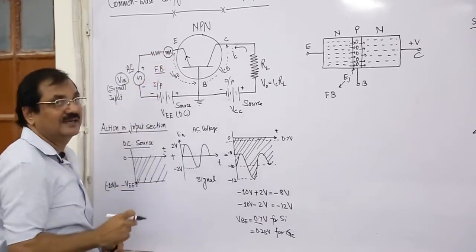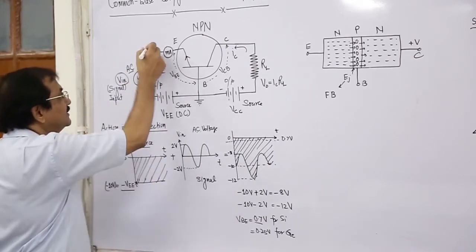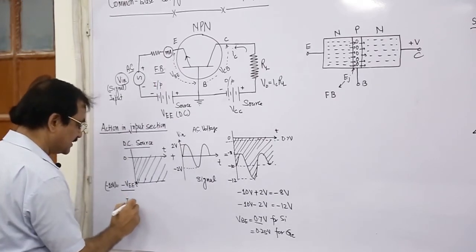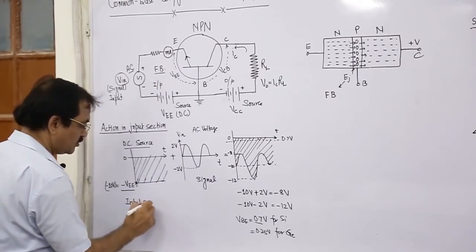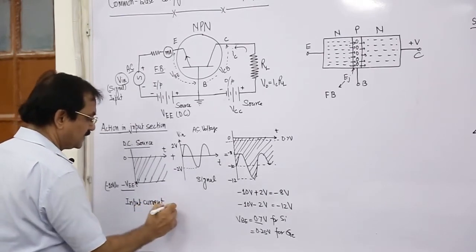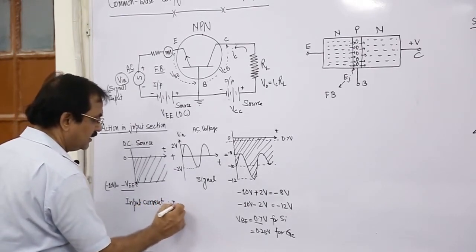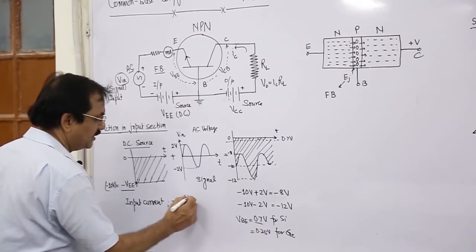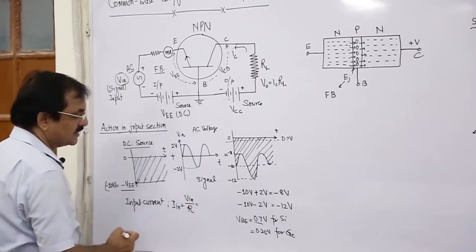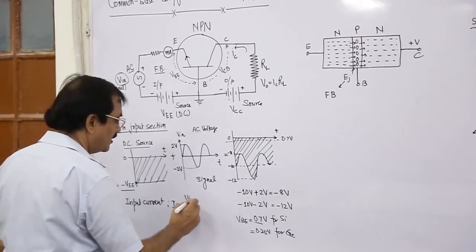Then the current: this is the input current, I_in equals V_in upon R. R is very small.